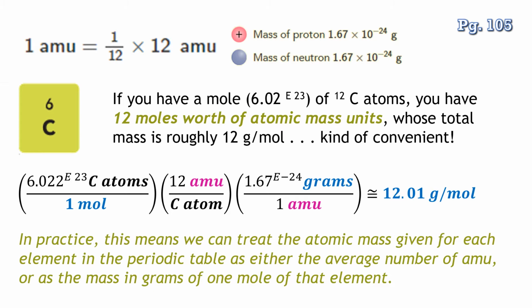You can treat it either as the average number of atomic mass units for that particular element, or you can treat it as the mass in grams of 1 mole of that element. Again, the numbers are not in a perfect one-to-one correspondence, but they're awful close. So 12.011 atomic mass units or 12.01 grams per mole. That's very convenient, the way this has been set up for us to use.